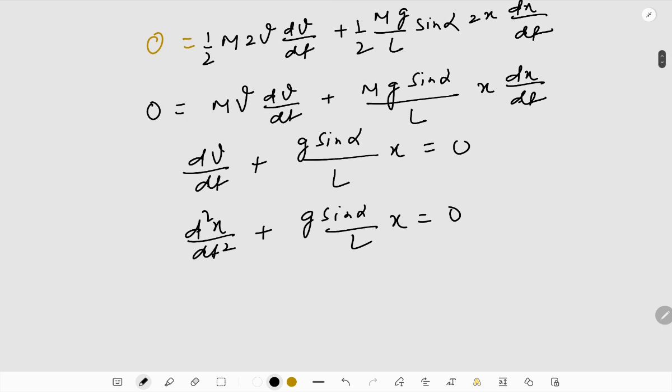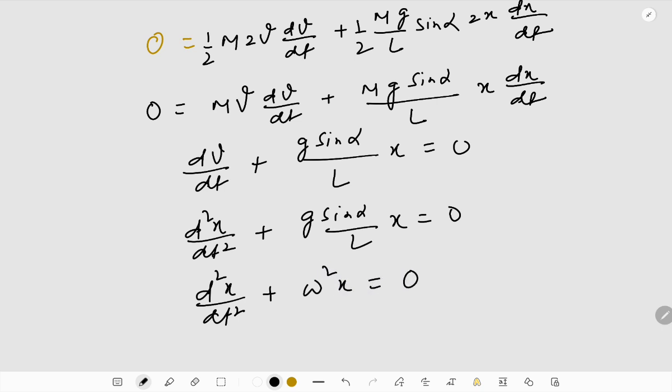And this equation reminds me of simple harmonic motion, because the equation of SHM can be written as d2x upon dt square plus omega square x equals 0.